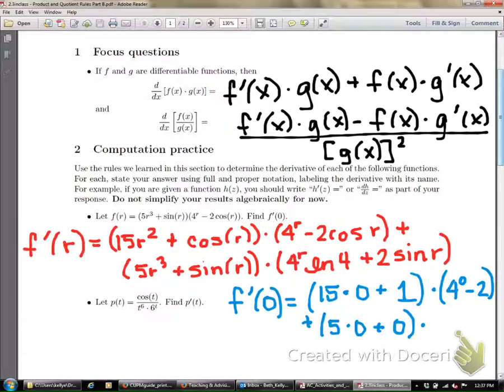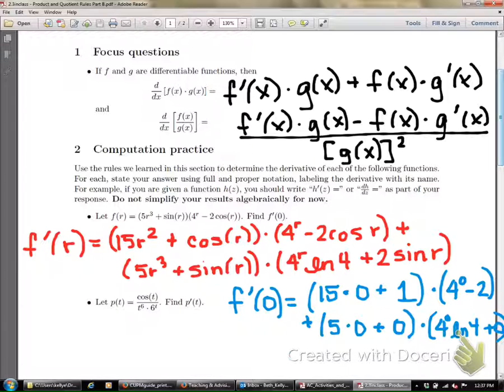And actually you should notice right here that this factor is already 0, so no matter what we multiply it by, we're going to get 0 anyways. But just so we can be complete, we get 4 to the 0 natural log of 4 plus 2 times 0, which is 0.